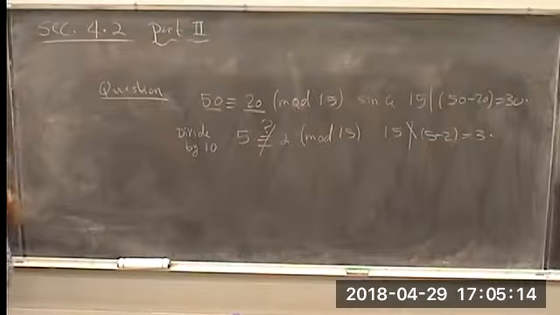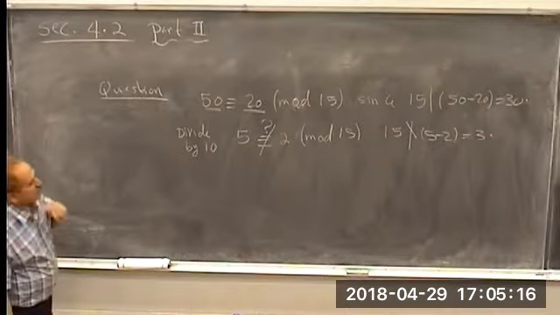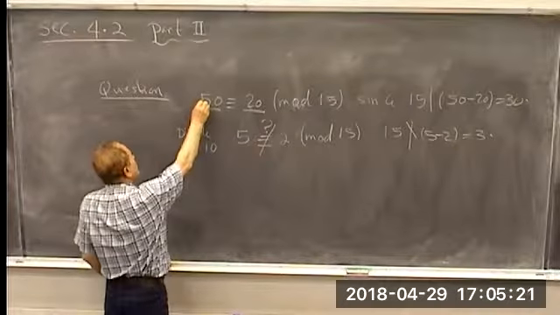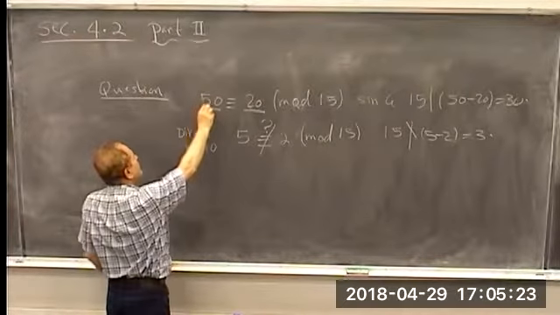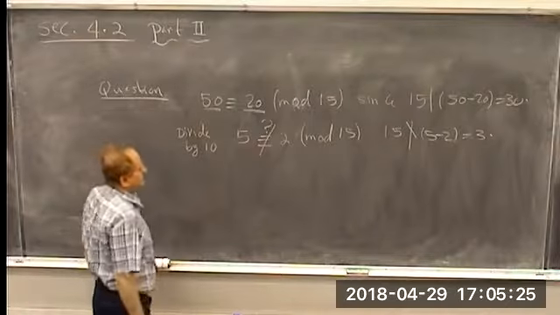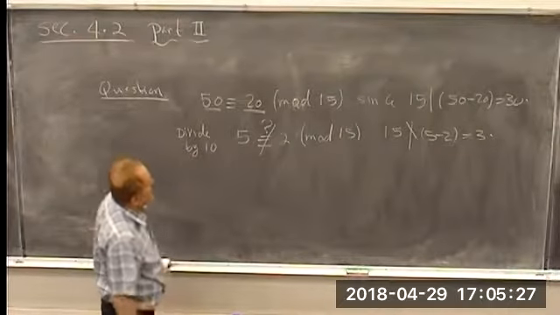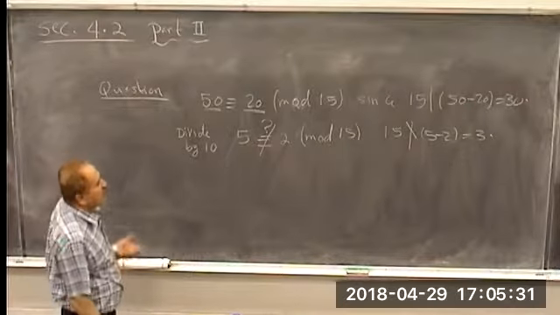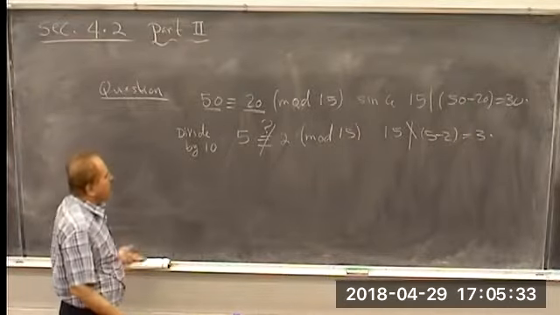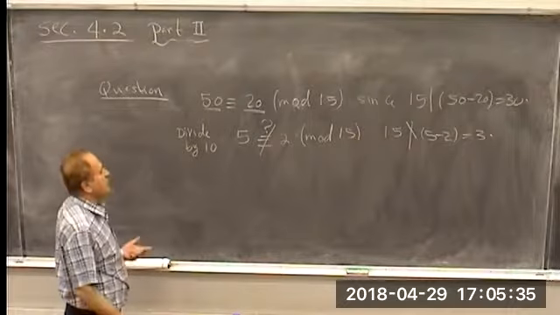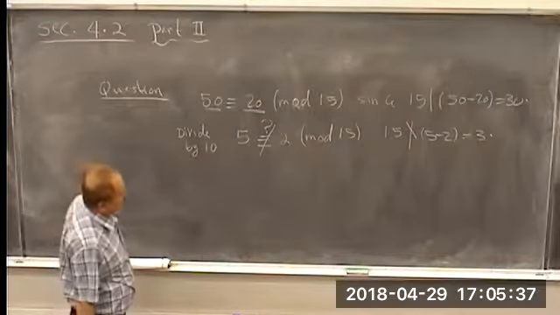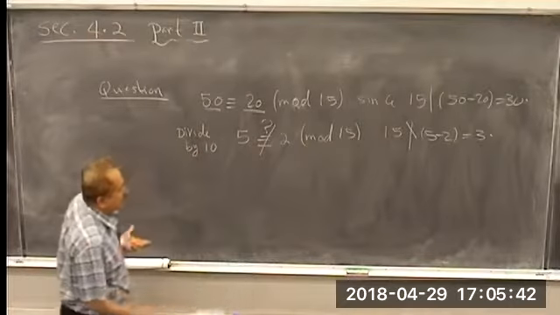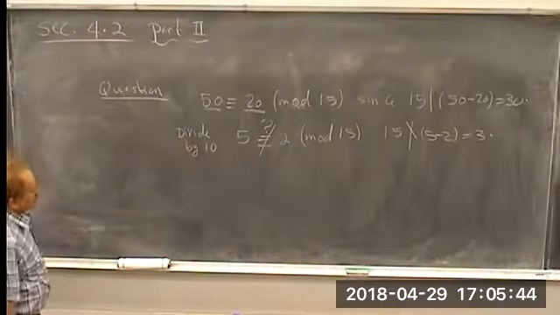All right? However, it turns out that we're going to state a theorem that tells us under what condition we can divide, or how we can preserve this property that works for equality, for the binary relation equal.